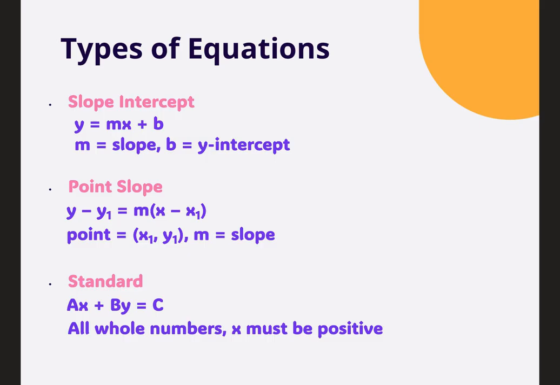All right, 3 equations that we have to know. The slope intercept, which is the one I would say most people remember, okay? Y equals mx plus b. M is your slope. B is your y-intercept. And because intercepts go in coordinate point form, it would be (0, b) is how I would write the coordinate point.